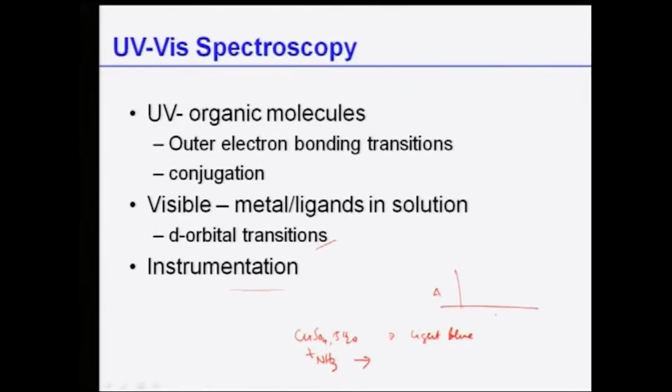So if we plot the absorption versus wavelength, A versus wavelength, at a very high absorption wavelength, lambda max, we will see high absorption, and this lambda max will tell us the electronic transitions. Similarly, organic compounds like DNA and RNA have very high conjugation and absorb light in the UV region or maybe visible regions.